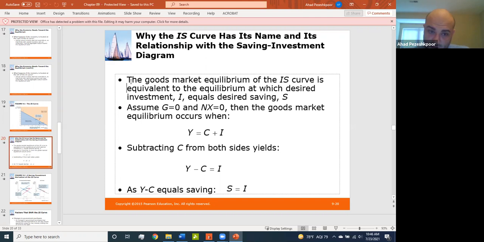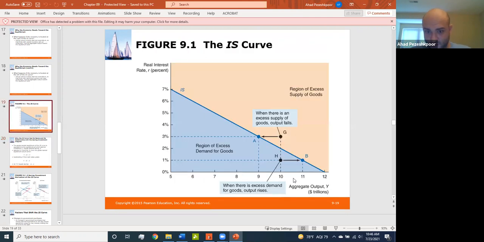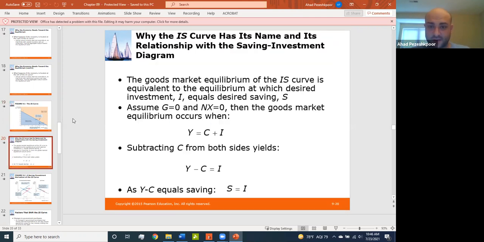So the goods market, which is the output versus real interest rate, is just another definition of the saving investment market. Remember, demand for investment, supply of savings.